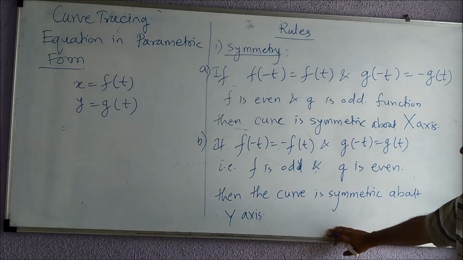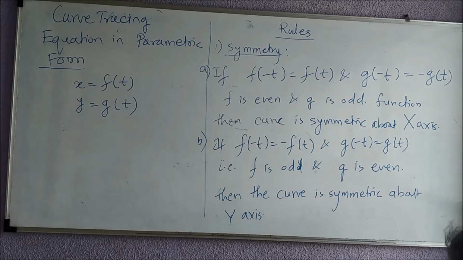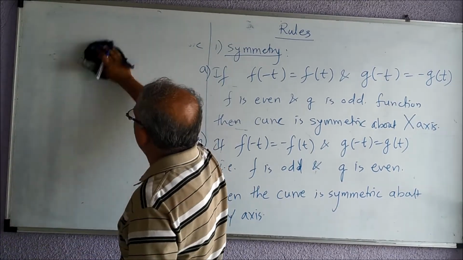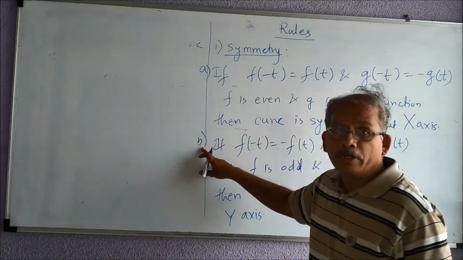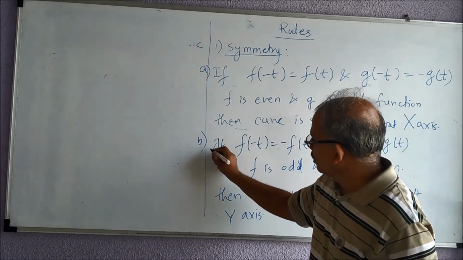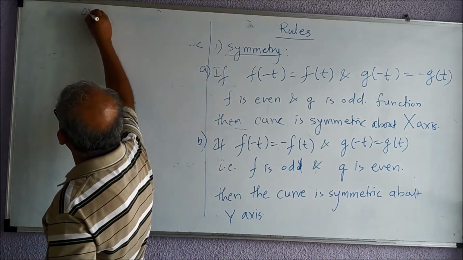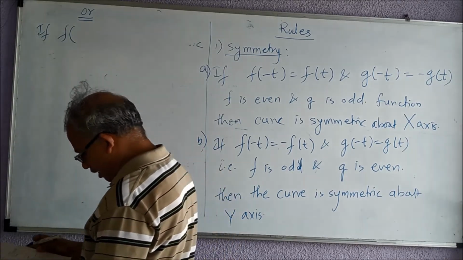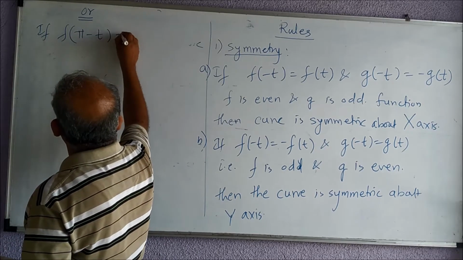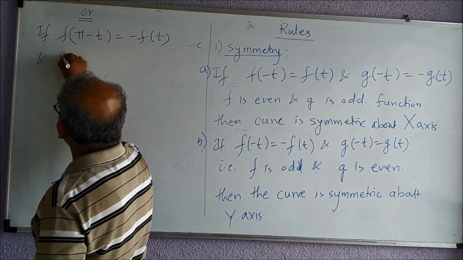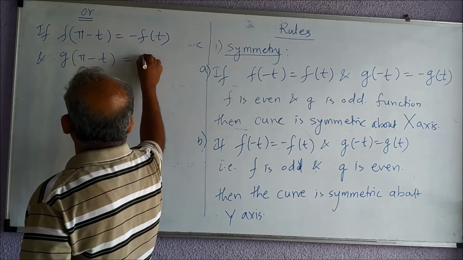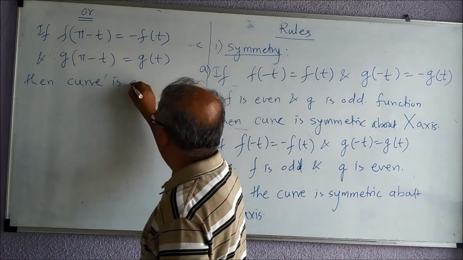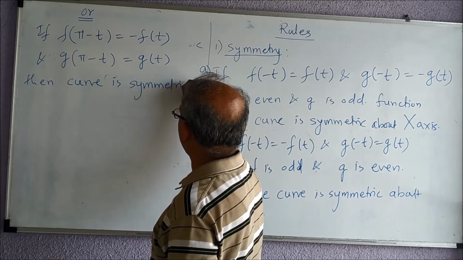There is another rule when the curve is symmetric about y-axis. So let me write that rule over here, continuing the B. If f of pi minus t is minus f of t and g of pi minus t is g of t, then the curve is symmetric about y-axis.